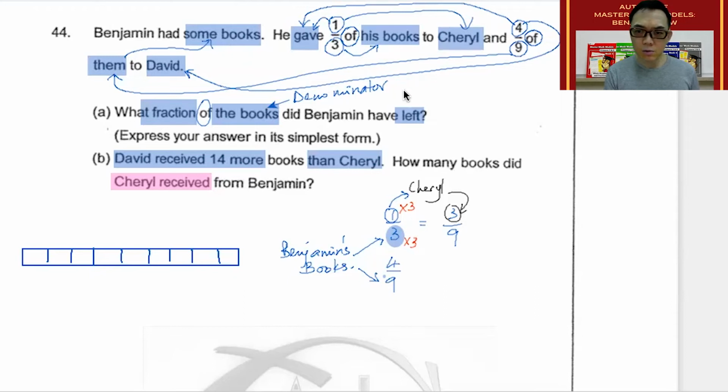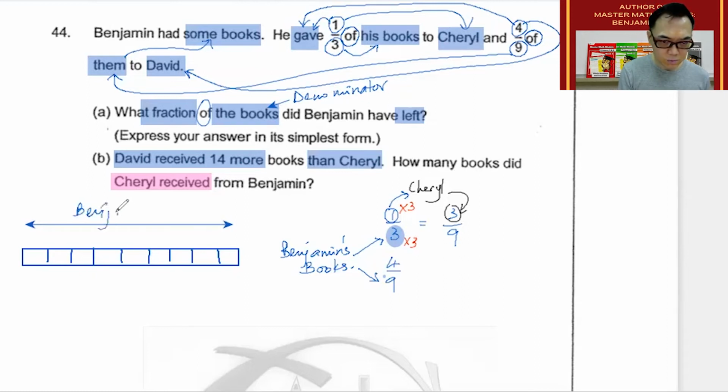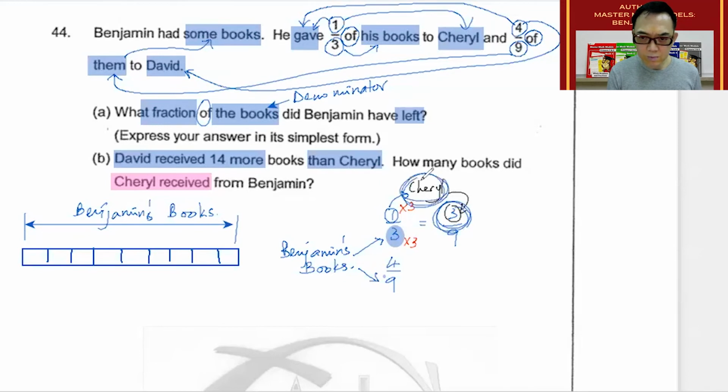And now my model for Benjamin's books is complete. From these books, we know that 3 went to Cheryl. So I'm going to label that in the model.